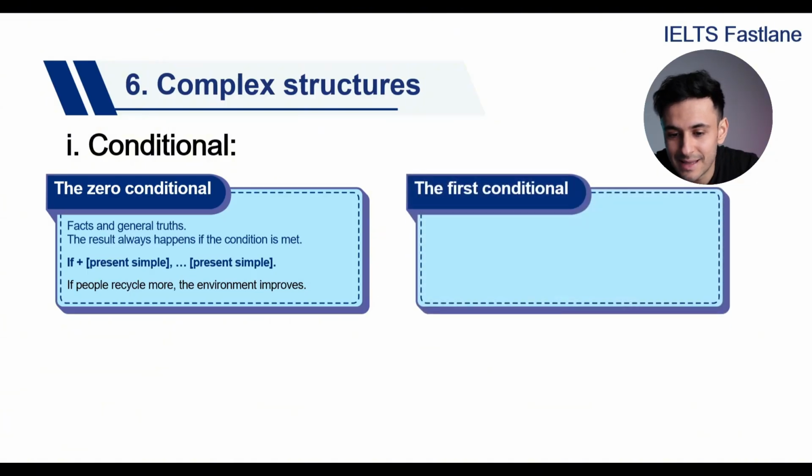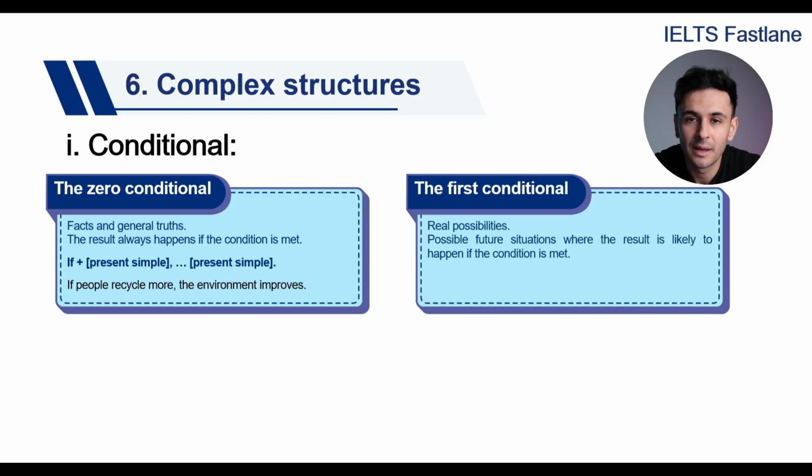Moving to the next type of conditional, this is called the first conditional. This one is used to express real possibilities. So there is always a possible future situation where the result is likely to happen if the condition is met. It's not 100%.